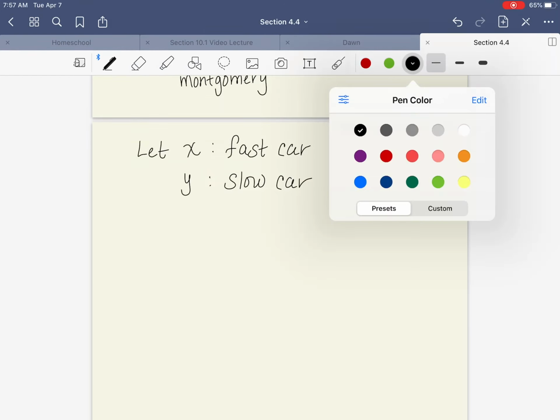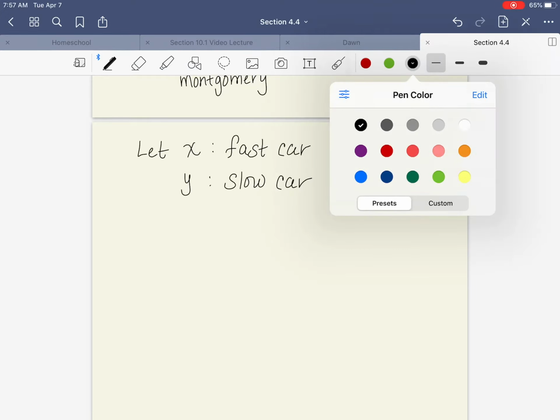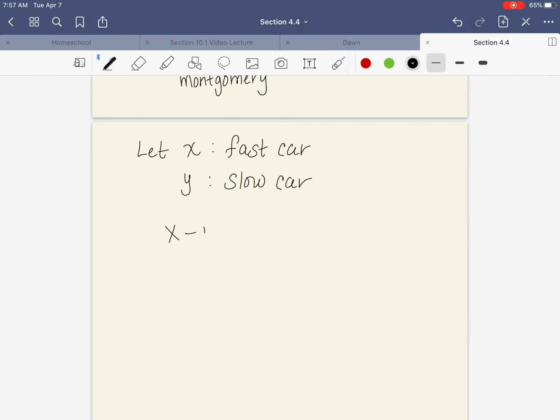All right, so since they're going in the same direction, we subtract. So x minus y is equal to 20. One car is going 20 miles per hour faster than the other. So the difference in the two speeds would be 20 miles per hour.